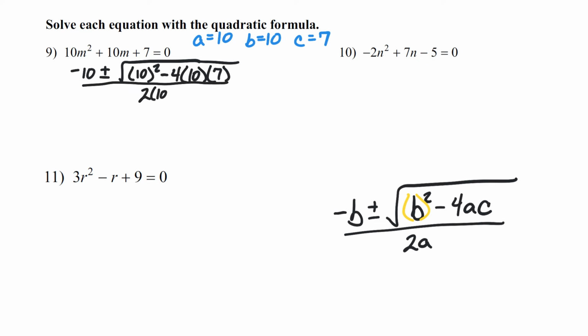You might could do some of that math in your head, kind of like that one. 2 times 10, of course, is 20. So we end up with negative 10 over 20.